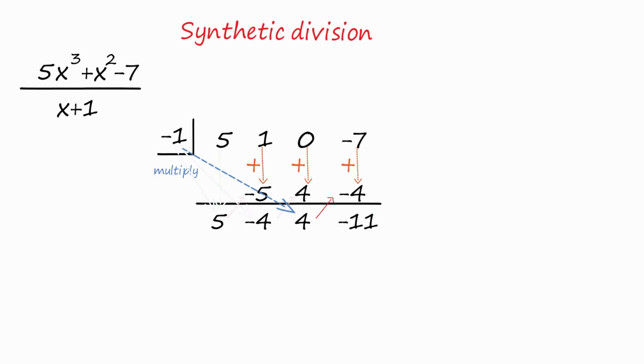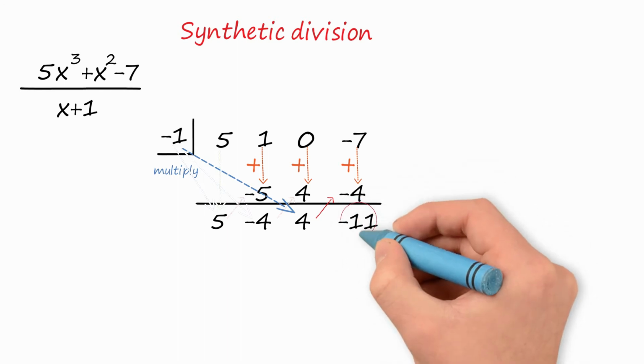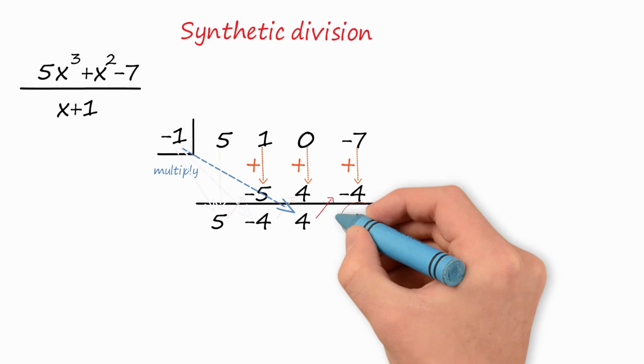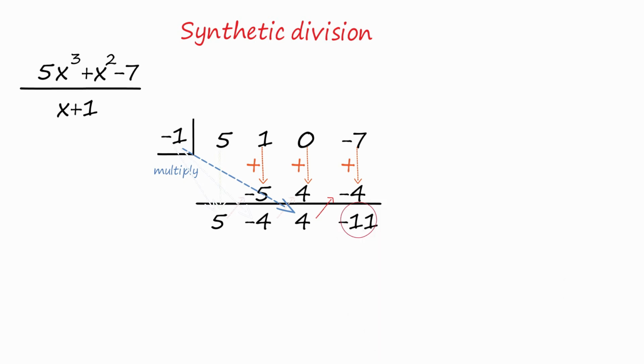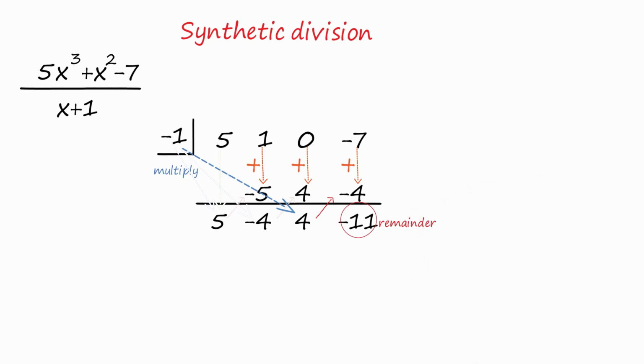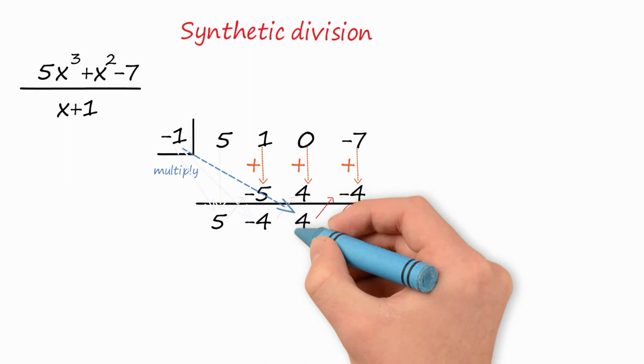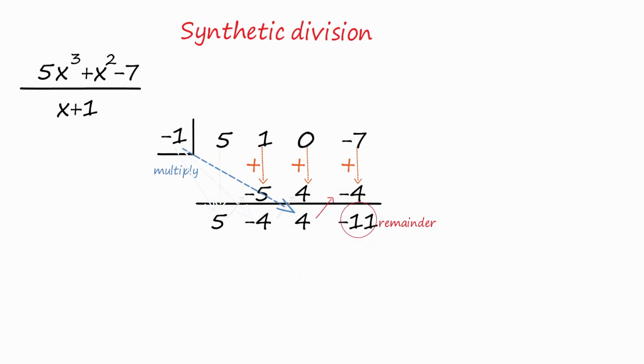You are done with the division, and we will write the final answer using those numbers. This last final number is the remainder. I'm going to circle the last number, negative 11, in red. It's the remainder. And these first three numbers are the coefficients of your new polynomial.